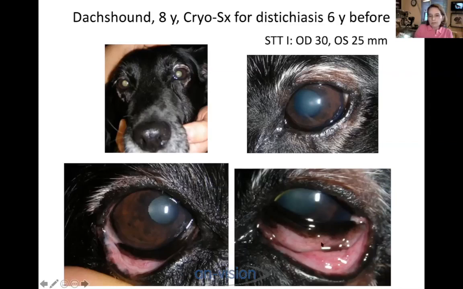You can already see black areas when you fold out the lower lid. And you can obviously see the conjunctivitis, the conjunctival folding, the redness. The Schirmers are high. In the right eye we have 30 millimeters, in the left eye 25. So the eyes are indeed red.